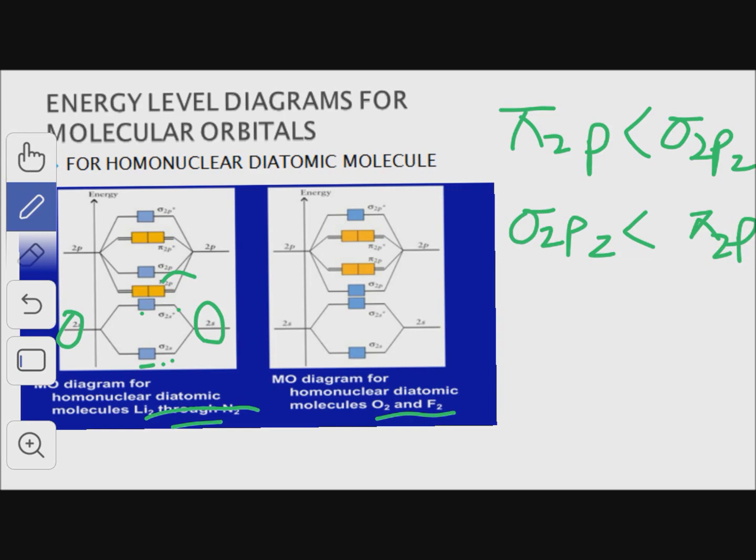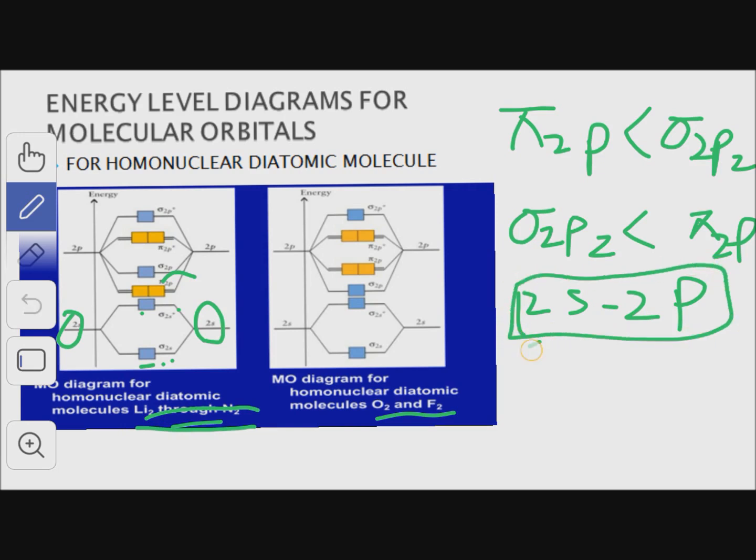What is the reason for this? The 2s and 2p orbitals have a small energy difference in the case of lithium 2 to nitrogen.